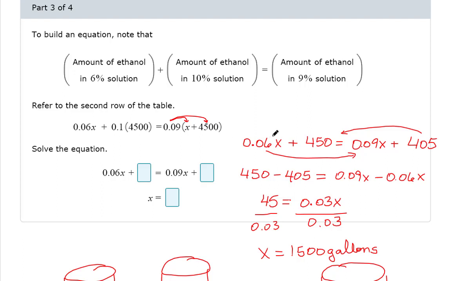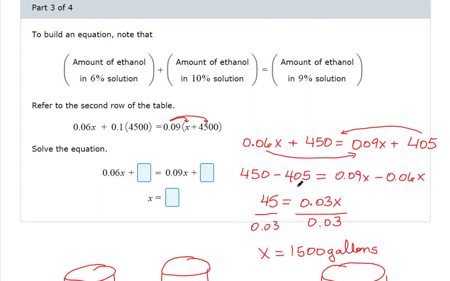And so as I work through this, let's see, 0.09 times x, 0.09 times 4,500 is 405. So now I want to get numbers together and x's together. Now I'm going to move things so that I get positive numbers. I'm going to move the 0.06x to the right and the 405 to the left.